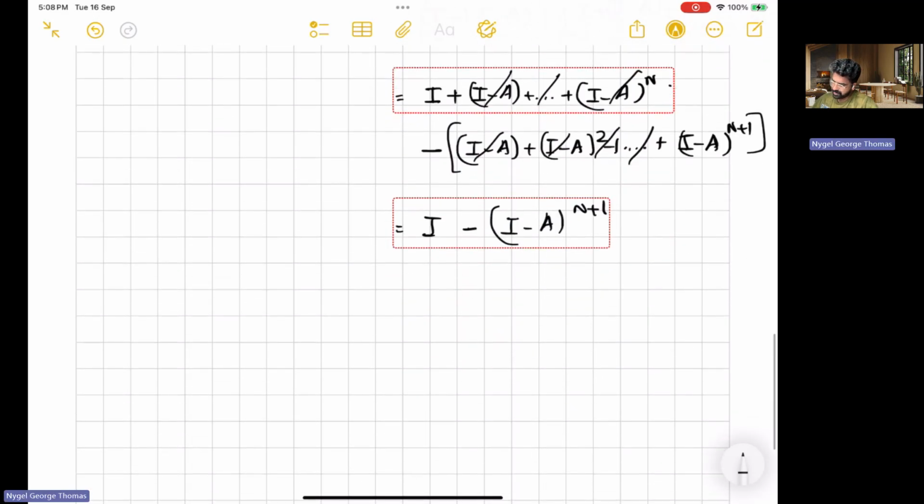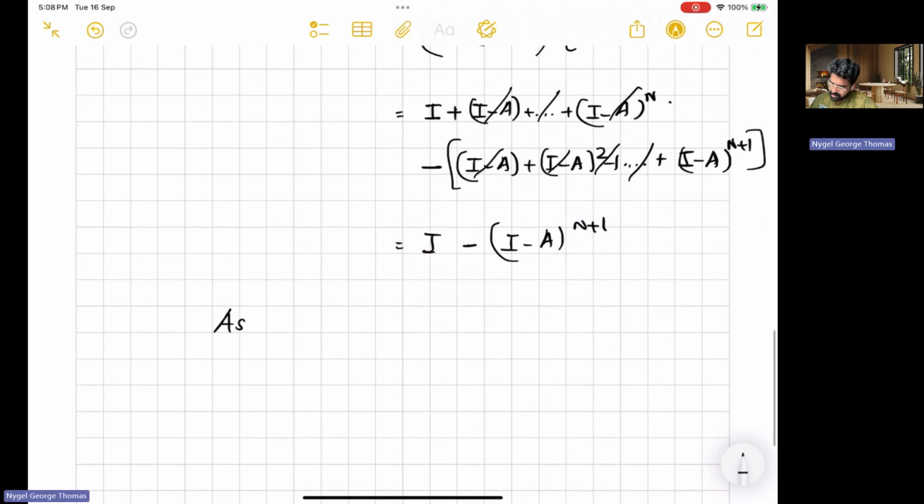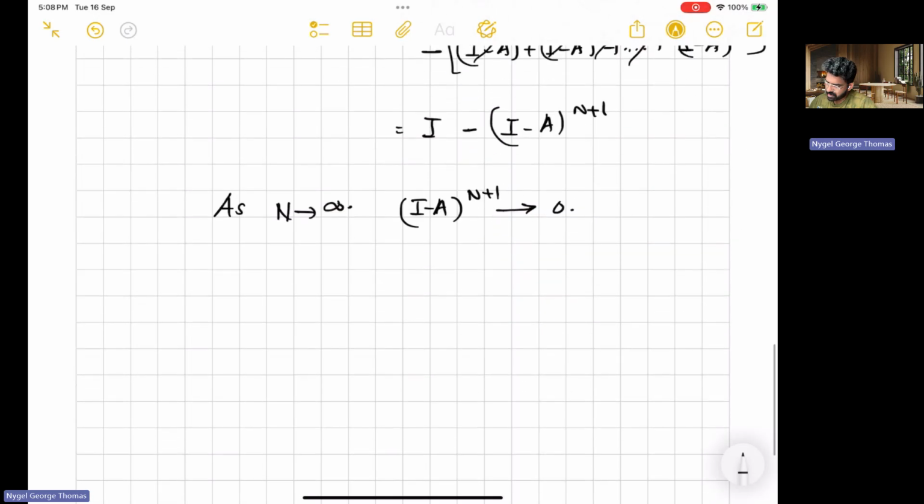As n tends to infinity, (I minus A) raised to n plus 1 tends to 0 because this is convergent.